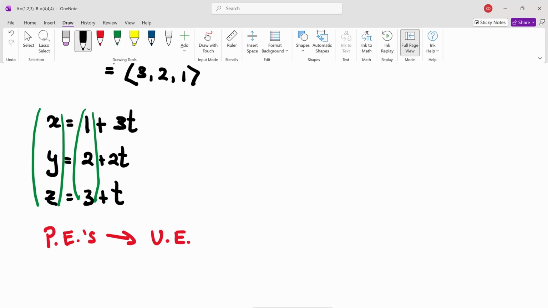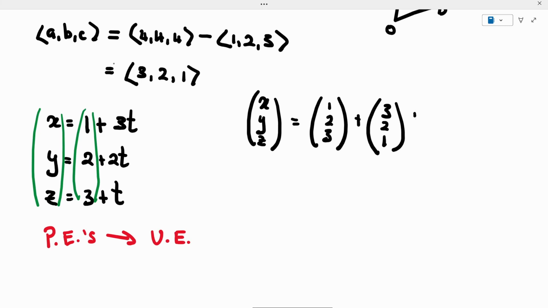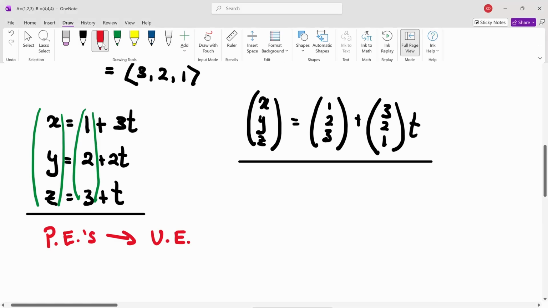So if we were to write this in vector equation form, we would have x, y, z as a column vector, which is 1, 2, 3, plus, and if I factor out the t, I would get 3, 2, 1, t. Right? So if we write it in vector equation form, this is our answer. If we write it in parametric form, this is our answer. Everybody okay with that?